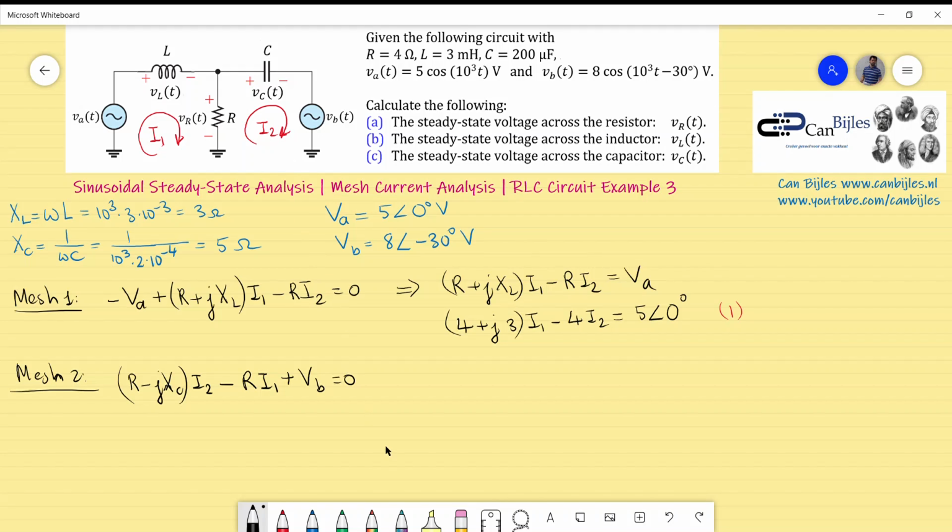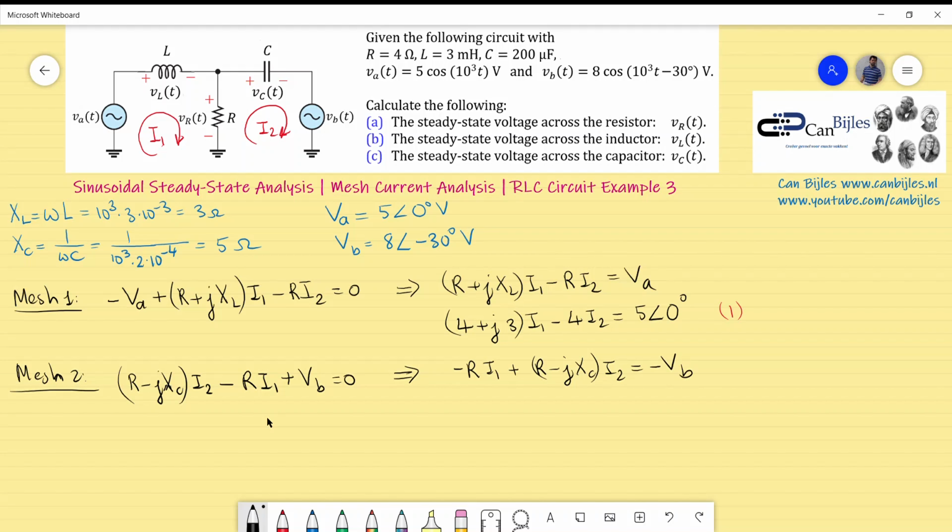So I start at the ground, make a loop, and come back at the same point, which is the ground. And if I now rewrite this, as we did for mesh 1, I will place the VB to the right side and set this in the right order for I1 and I2. I will have minus R I1 plus R minus j XC times I2, which is minus VB.